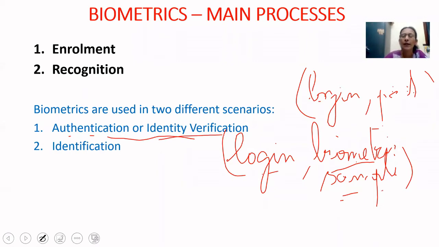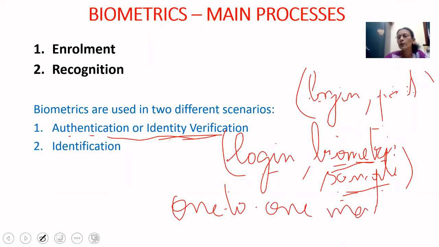That is what we call identity verification. So this is one scenario in which it is being used. What are we doing? We are matching one sample with this particular stored sample. That is, it is a one-to-one matching. Where do we use this? We use it for access control.